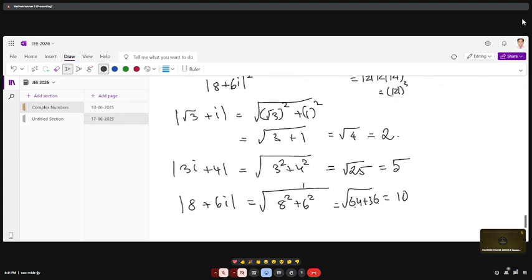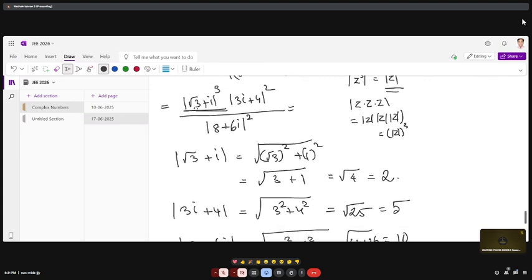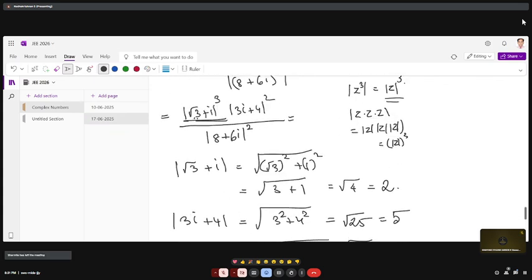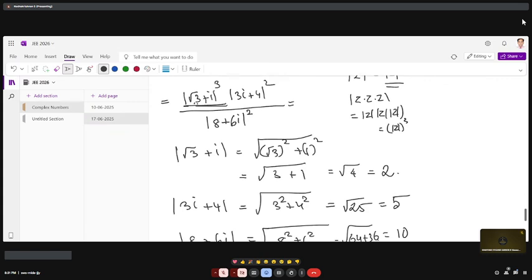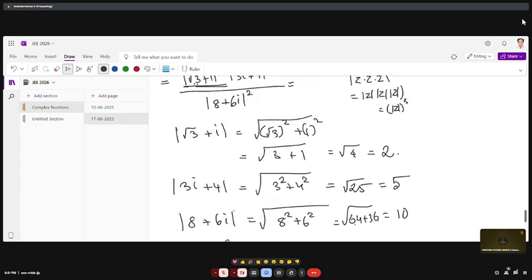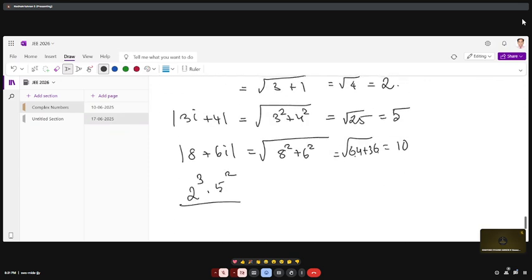So now you have to simply substitute. Modulus of root 3 plus i whole cube is simply 2 cube. The next term is 3i plus 4. Modulus of 3i plus 4 whole square is 5 square, whole divided by 10 square.